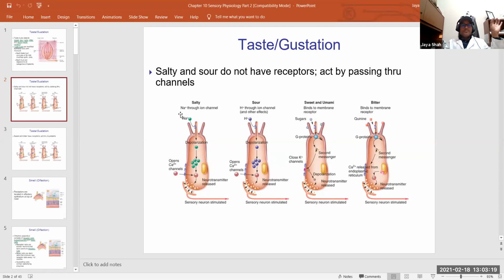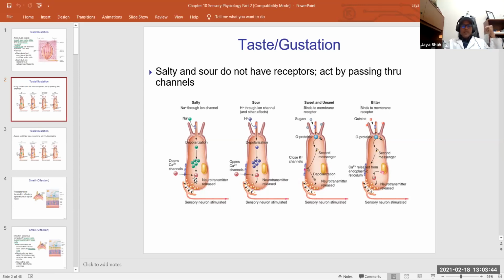So let's see here. When you put salty on your tongue, then sodium through the ion channel enters the hair cell receptor, and sodium is positive, so it depolarizes. Once depolarized, they open the calcium channel. You remember the release of neurotransmitter from last lecture.